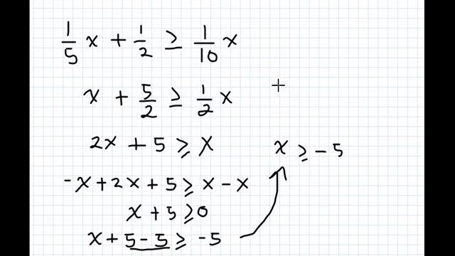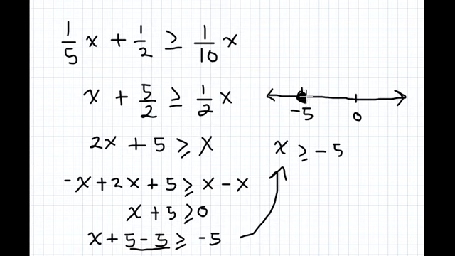Okay, so now I'm going to go ahead and draw my number line so we can get a visual of this. It's not necessary, but we want to do it anyway. So I'm going to label negative 5 here on the number line, and I'm just going to arbitrarily put 0 here. Not necessary, but it gives you an idea of where you're at. Now we want to include negative 5, so we're going to put a filled in dot.